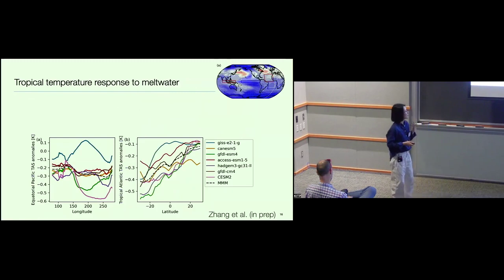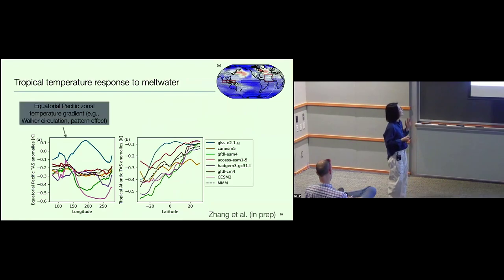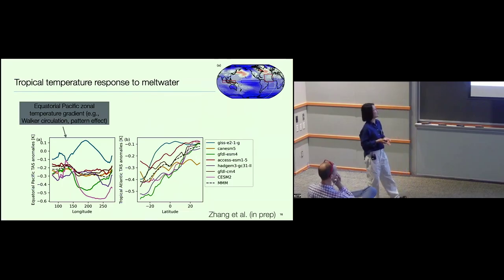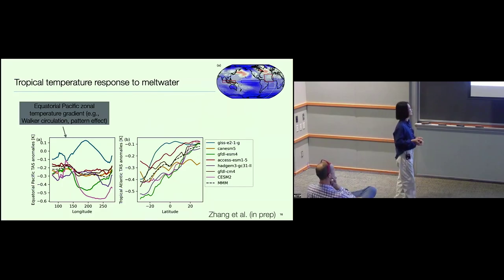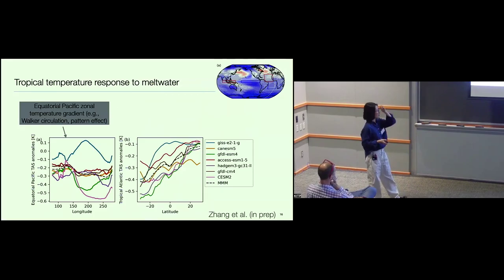All right, so there are 2 key tropical indices that I'm interested in here. The first one is focusing on the equatorial Pacific. This is really looking at the equatorial Pacific zonal temperature gradient, which is a proxy for the Walker circulation as well as the pattern effect for climate sensitivity. The left is showing longitude on the x-axis and surface temperature anomalies on the y-axis.